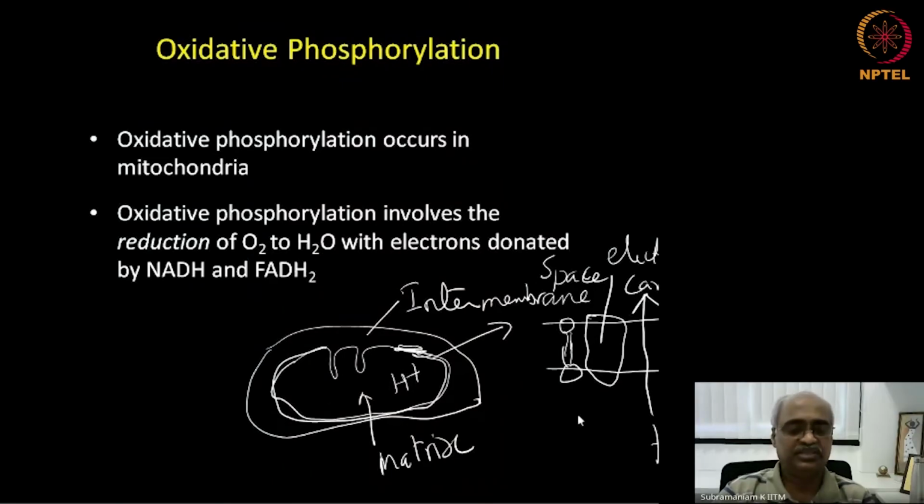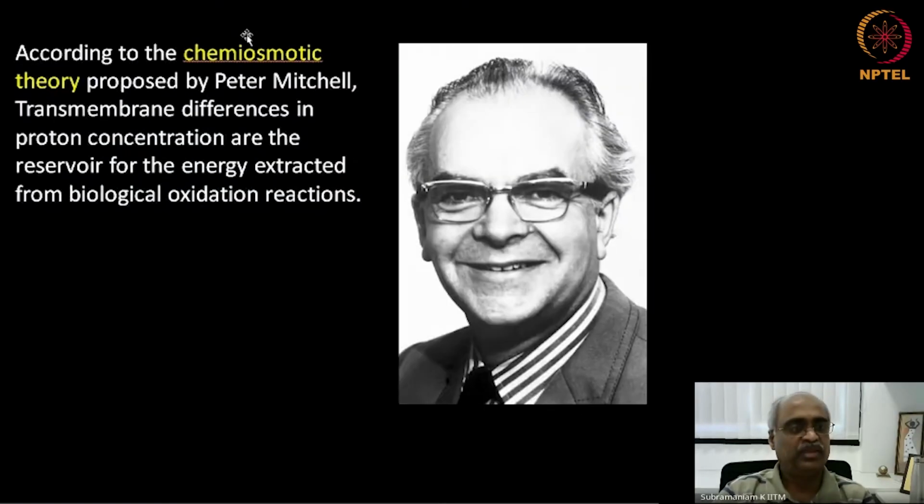Okay, so this is what is proposed by chemiosmosis theory. Okay, so it's osmotic because you have a chemical species gradient, and it is also a chemical gradient as well, and that is why this is called chemiosmotic theory.